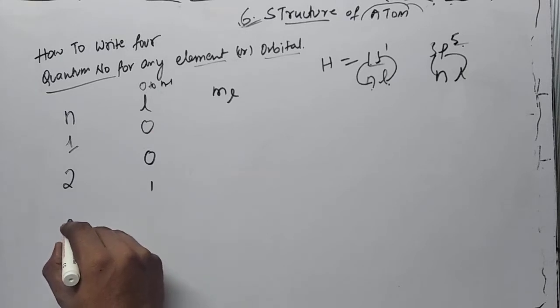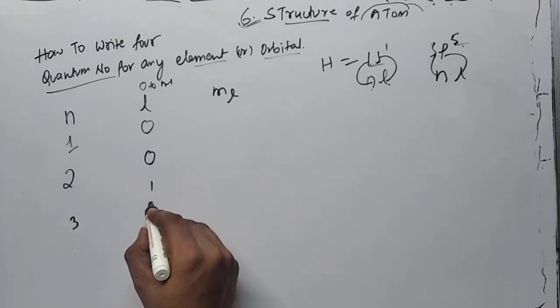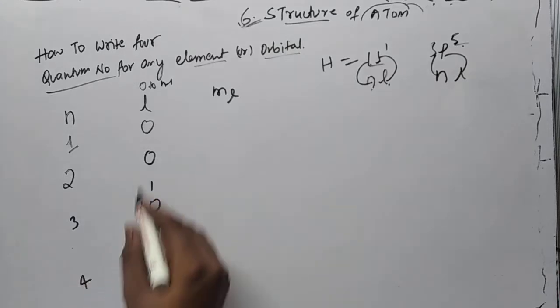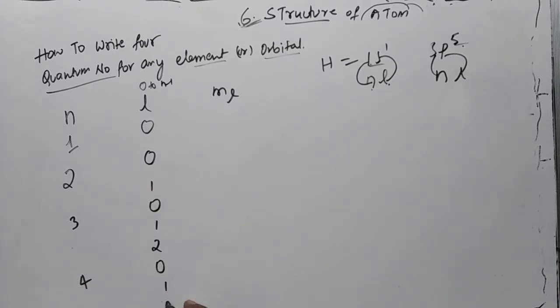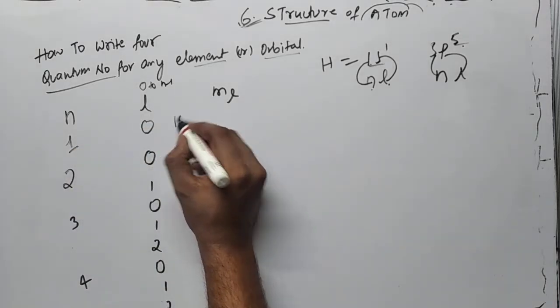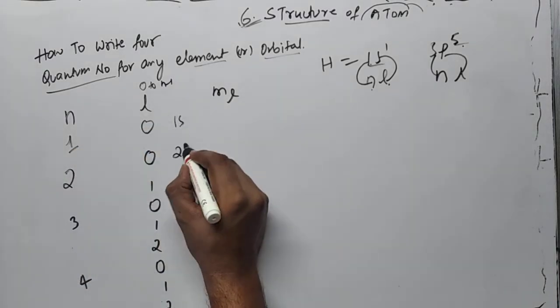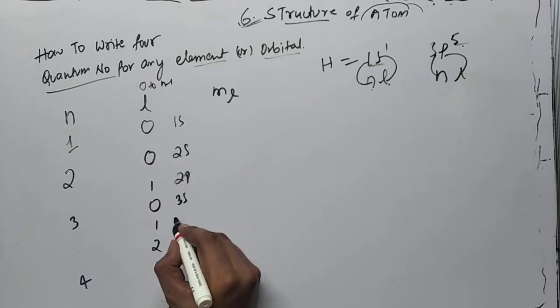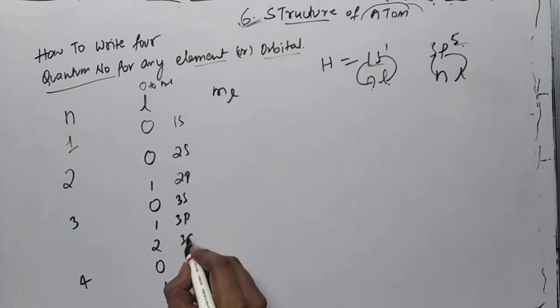Whenever n value is 3, l values will be 0, 1, 2. Whenever n value is 4, l values will be 0, 1, 2, 3. So if you combine them, we get the orbitals: 1 and 0 make 1s. 2 and 0 make 2s. 2 and 1 become 2p. This is 3s, 3p, 3d. This is 4s, 4p, 4d, 4f.